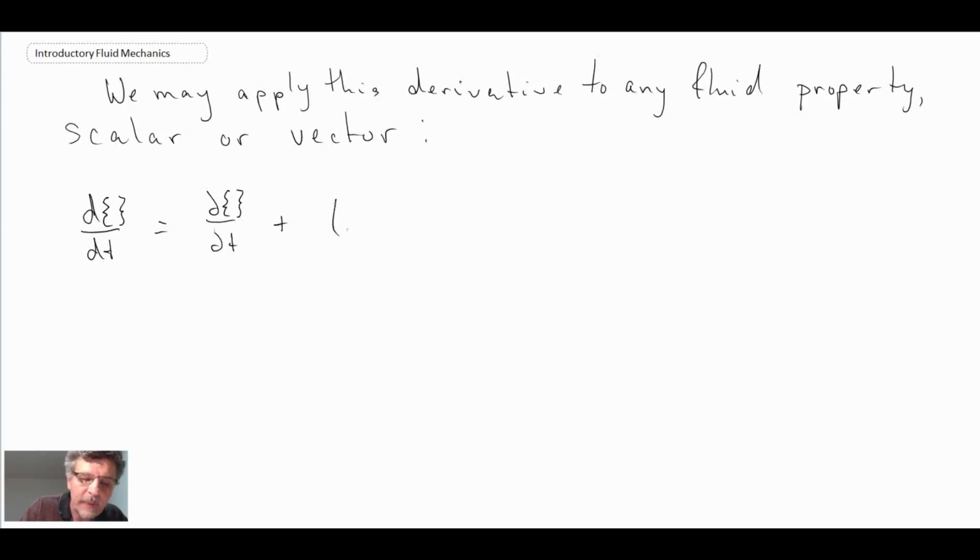plus v dot del multiplied by whatever we're dealing with, be it a vector or a scalar. And this is a very important derivative operator that we have within fluid mechanics.